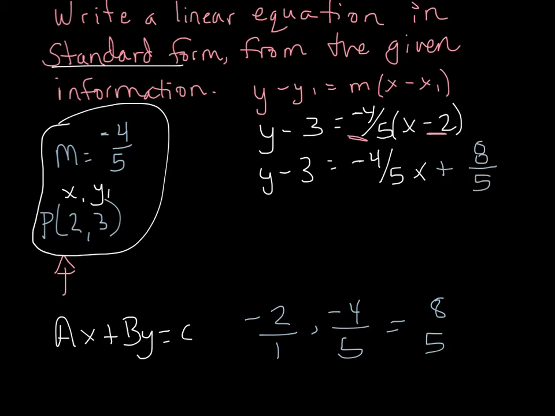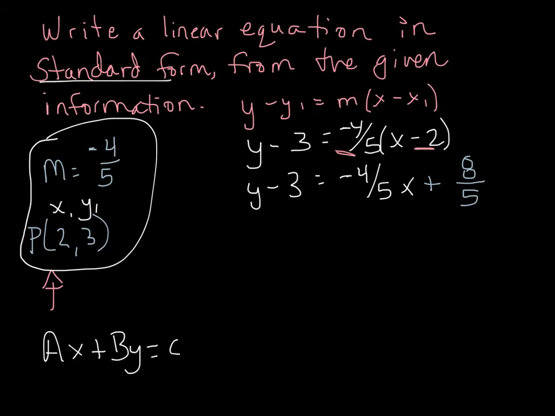All right, and we're getting close now. We're getting close to having this in standard form. But once again, I think I'm going to go ahead and get rid of these denominators. So I'm going to multiply everything in here by 5. I figure why not, right? So let's multiply everything by 5.